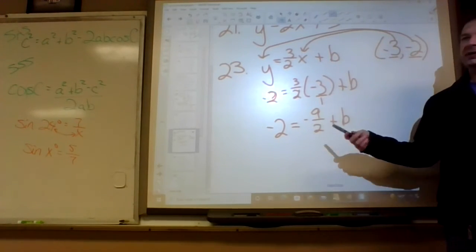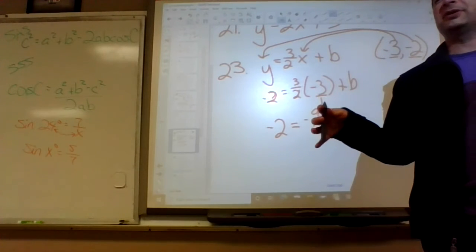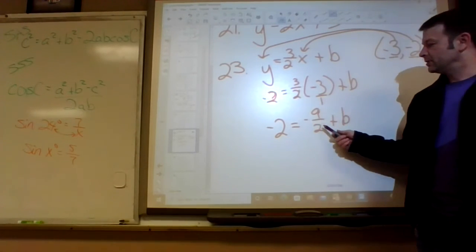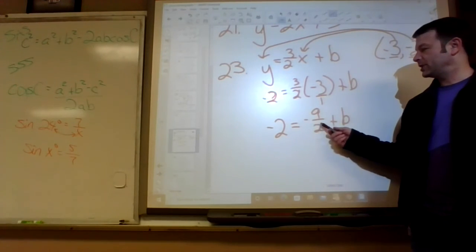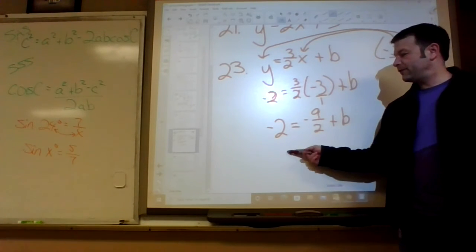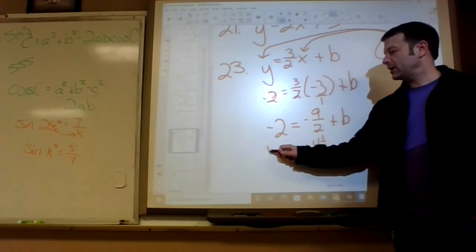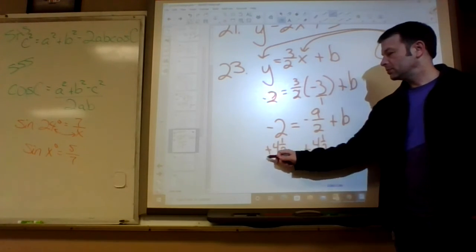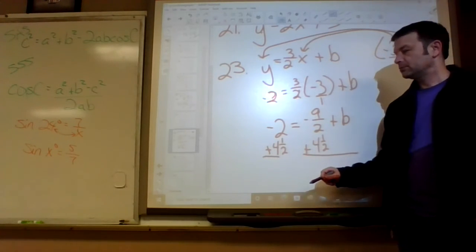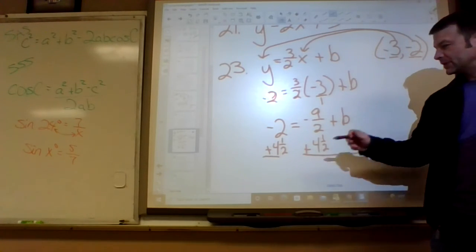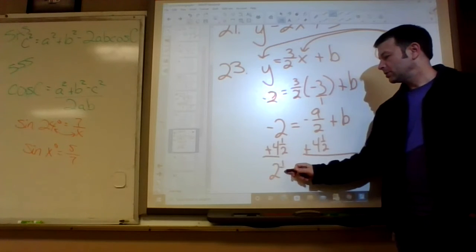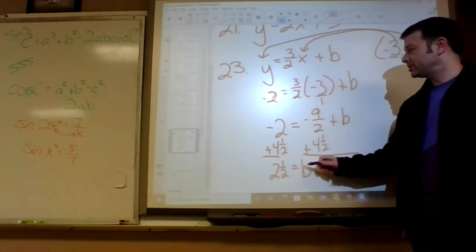But what's 9/2 as a mixed number? 4 and 1/2. 9 divided by 2 is 4, with the remainder of 1, 4.5. So you could add 4.5 also. What's -2 plus 4.5? 2.5. So that's the b value.